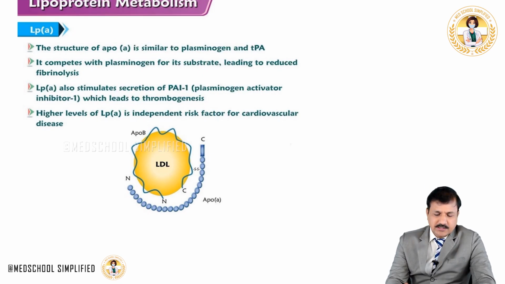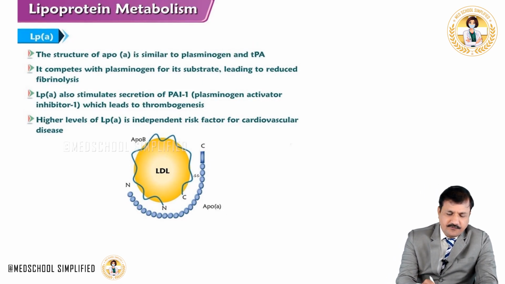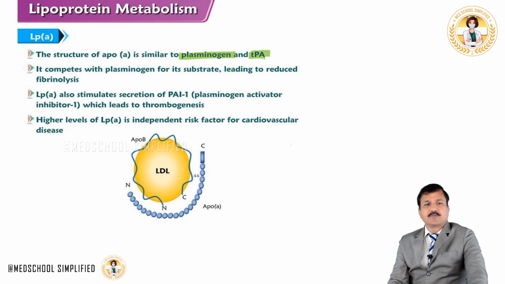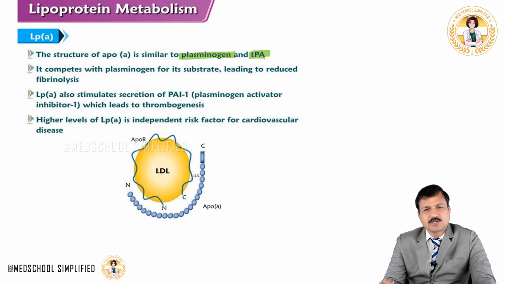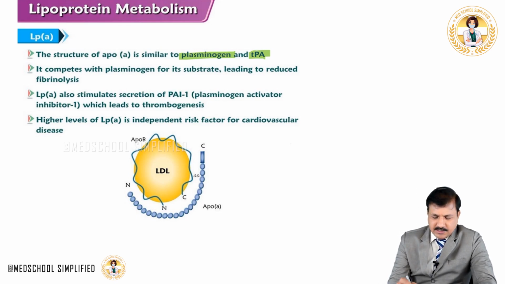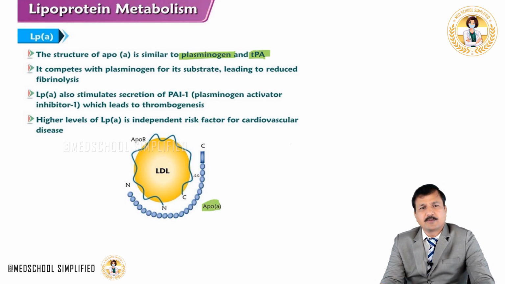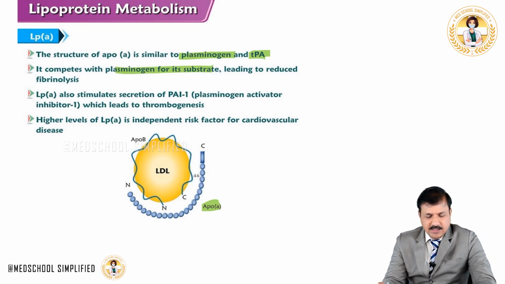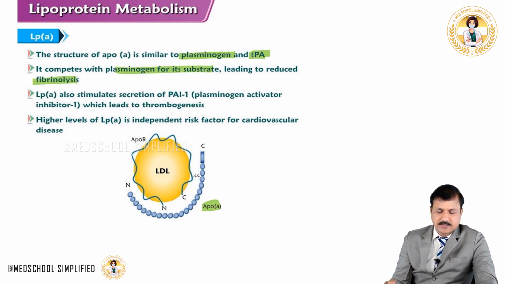What is clear is the structure of lipoprotein A. It is similar to plasminogen and tissue plasminogen activator. Because of this structural similarity, the apo-A component is going to compete with plasminogen for its substrate, leading to reduced fibrinolysis.